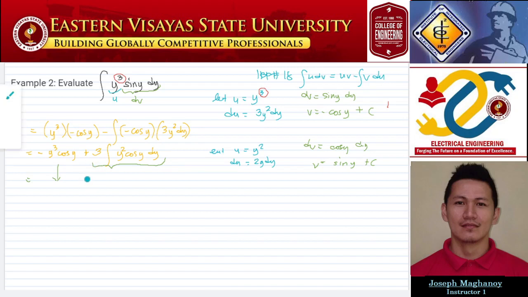Okay, so 3. So we apply integration by parts. So what is our u? u is y squared, your v is sine y, minus integral of your v again, sine y, then your du, that is 2y dy.